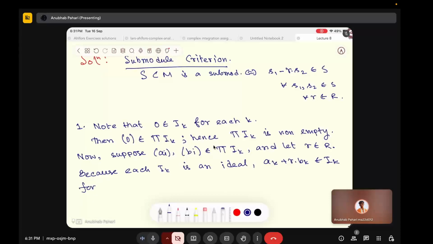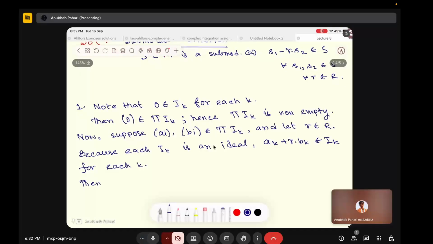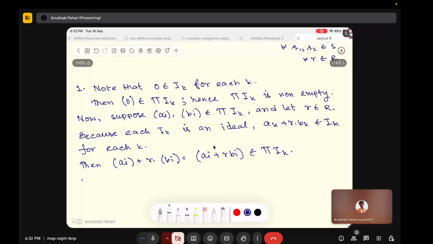Because it is an ideal, also this is true, and also this is a subring. Then (a_i plus r·b_i) belongs to the product of I_k. Thus the product of I_k is a submodule of M.